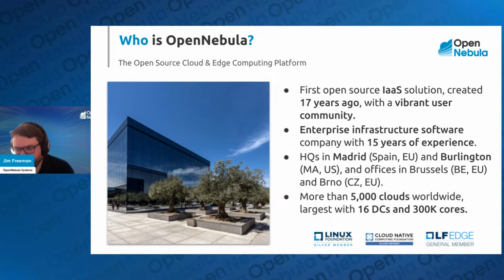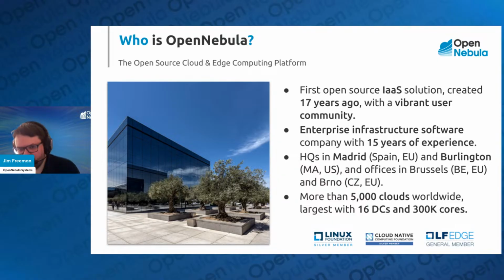Our headquarters is in Madrid and also in Burlington near Boston in the US. We have some satellite offices as well in Brussels in the European Union, and also in Brno in Czech Republic. We have a really good story around scale at OpenNebula. We have some really big cloud platforms using OpenNebula in really large environments.